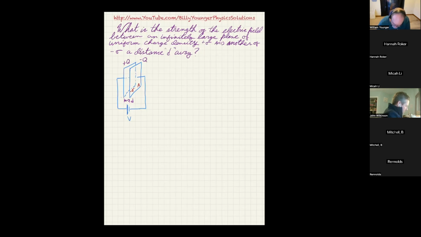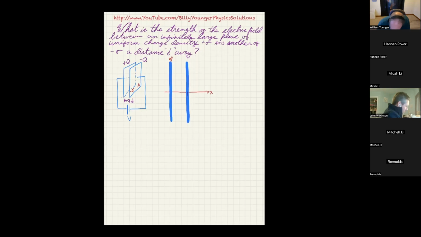Now that you've seen a two-dimensional representation of the three-dimensional object, I'm going to draw it in 2 dimensions so it'll be a little bit easier for us to make some sense of. So this is going to be my y-axis, and this is going to be my x-axis, and then this right here is going to be my positive plate, and let's say this right here is going to be my negative plate.